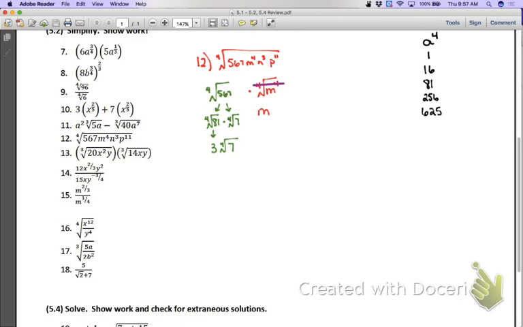Do the same thing then with the fourth root of n to the third. So I have 3 n's on the inside. Do I have enough to bring any n's outside of it?